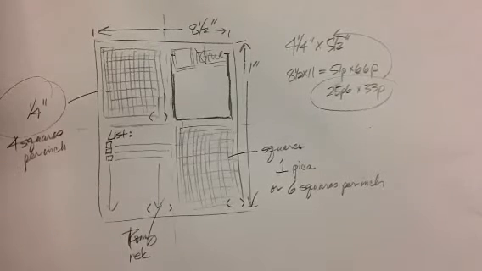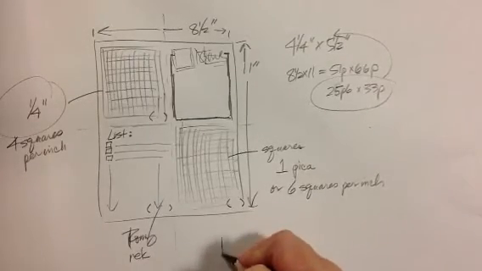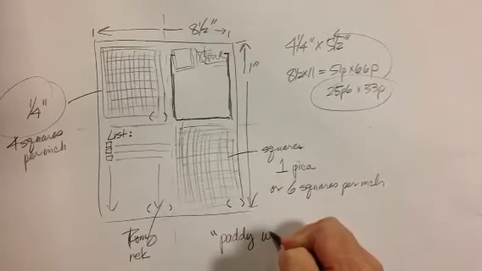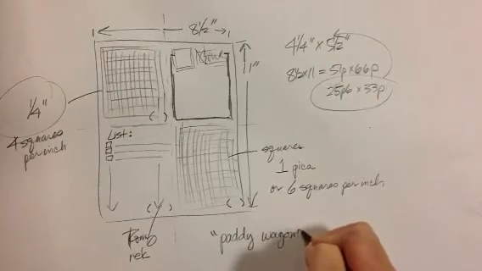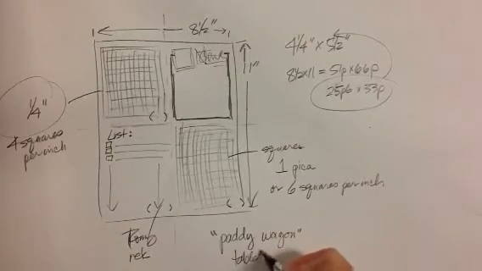We also have here at Southeast in the graphics production area what is known as a paddy wagon. Everybody calls it that, the paddy wagon. And paddy wagons are used when you're making tablets. Another word for tablet is pad, as in like a legal pad.